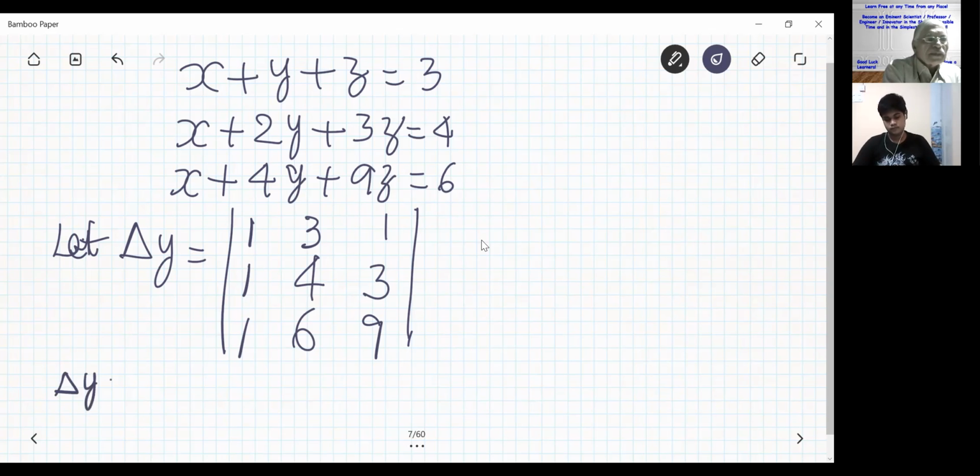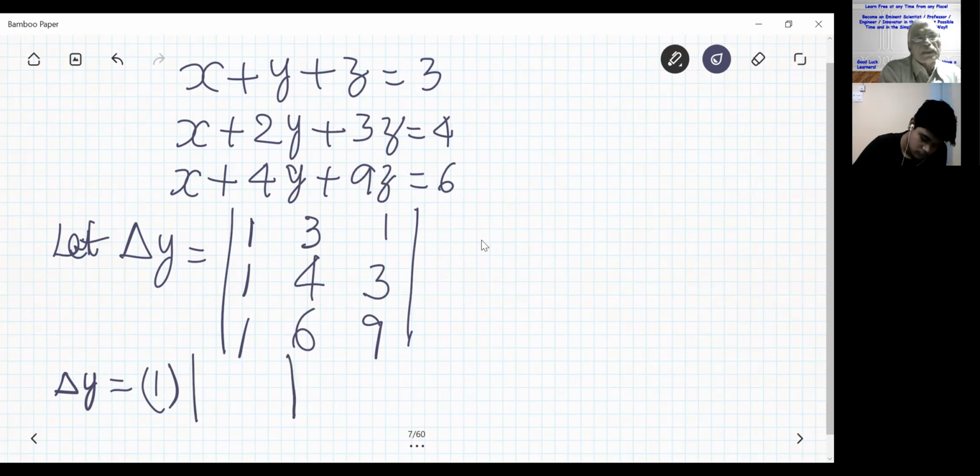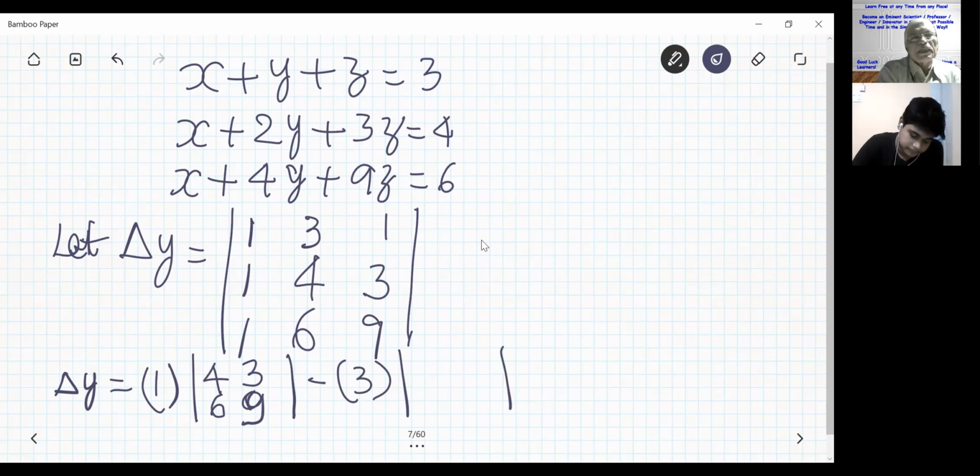So delta Y equal to 1 multiplied by the determinant obtained by ignoring the first row and first column, you will get 4, 6, 3, 9. Minus 3 multiplied by the determinant obtained by ignoring the first row and second column, you will get 1, 1, 3, 9.